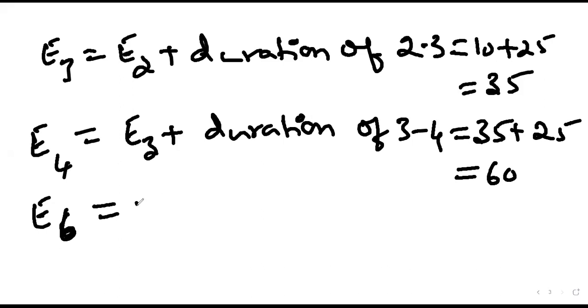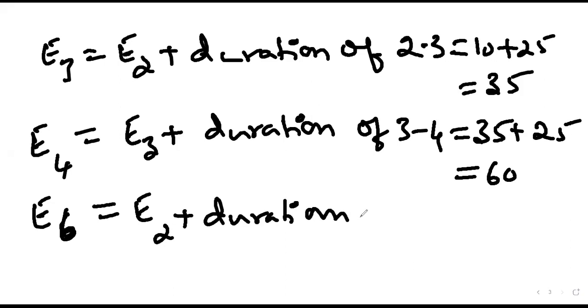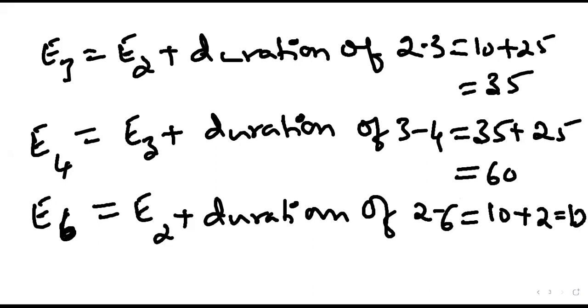E6 is E2 plus duration of 2 dash 6. E2 is 10, and the duration of 2 dash 6 is 2 days. All these were done in the previous class. So 10 plus 2 is equal to 12.